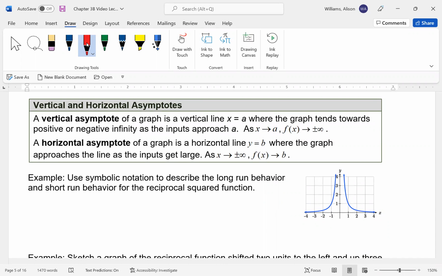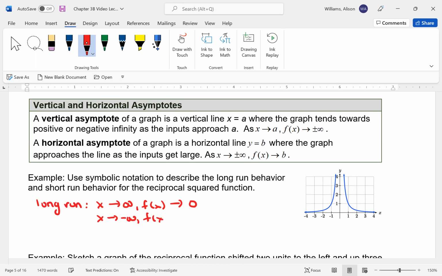So let's start with long run behavior. For long run behavior, they're referring to when x is going to positive infinity. So when x goes to positive infinity, f of x is approaching 0. It's getting closer and closer to the x-axis. But that also happens when x is going to negative infinity.